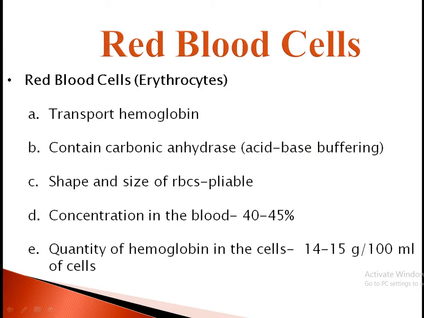About the red blood cells, the most important thing regarding their function is the transport function of RBC. The other name for the RBC is erythrocytes. The first and most important function of the RBC is to transport the hemoglobin, and it in turn carries oxygen from the lungs to the tissues.